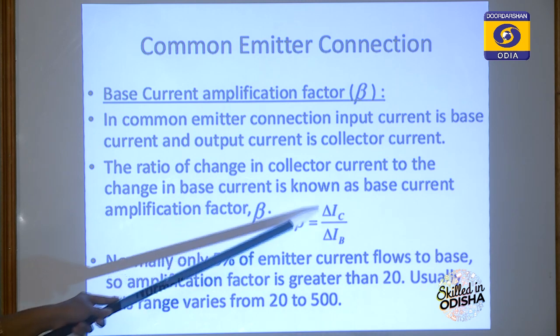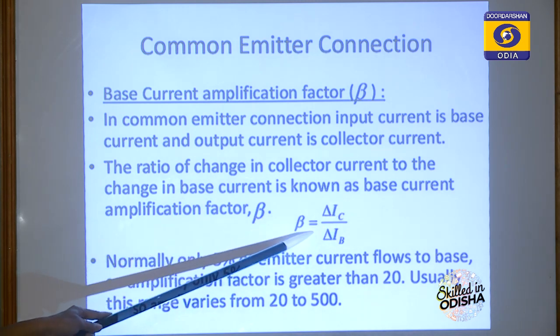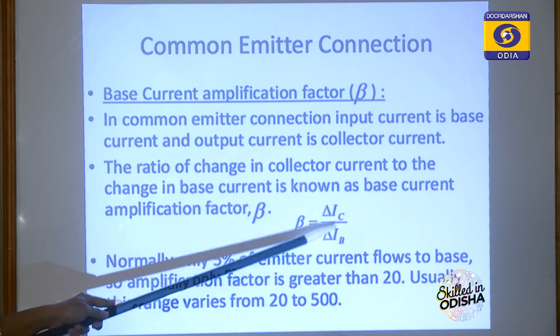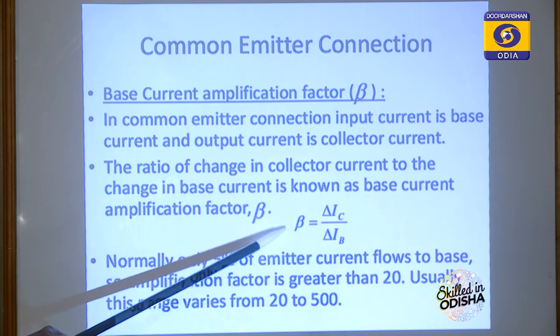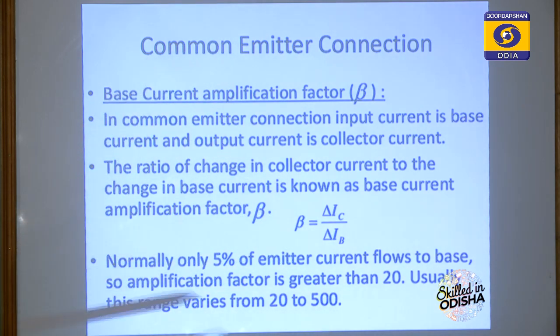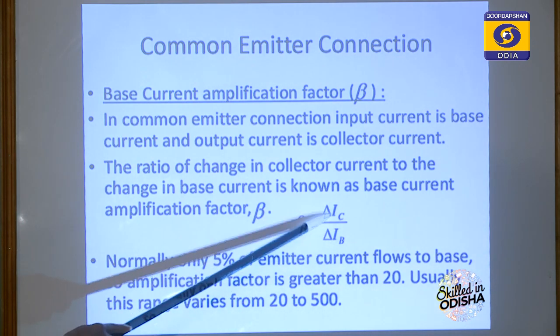Beta is the change in collector current, that is the change in output current, divided by change in input current, that is IB. So beta is the current amplification factor for common emitter configurations. So beta is equal to delta IC divided by delta IB.